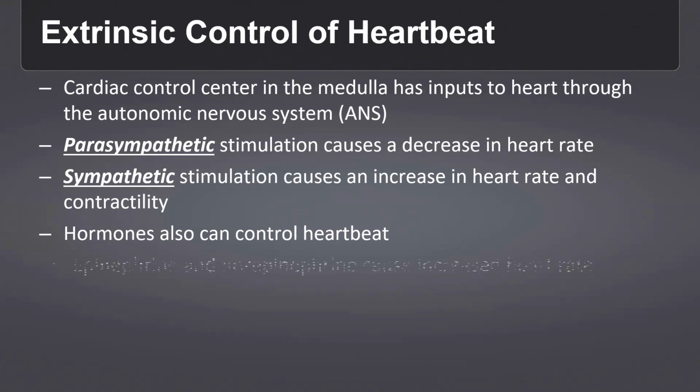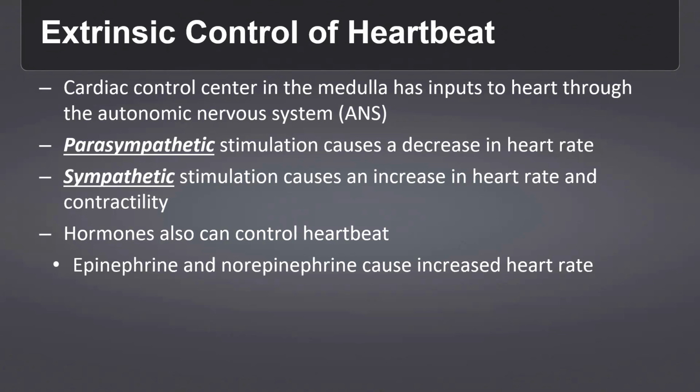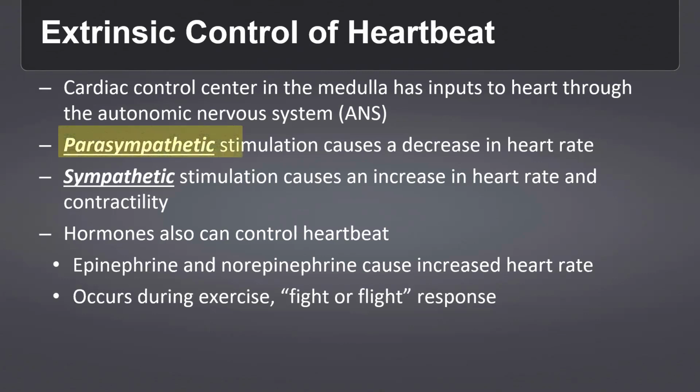Things like epinephrine and norepinephrine speed up your heart rate, kind of like versions of adrenaline, but make sure you use the terms epinephrine and norepinephrine. That occurs sometimes during exercise or during a fight or flight response. If you get really scared, you're either going to start fighting or you're going to run off really quickly. So, fight or flight response.